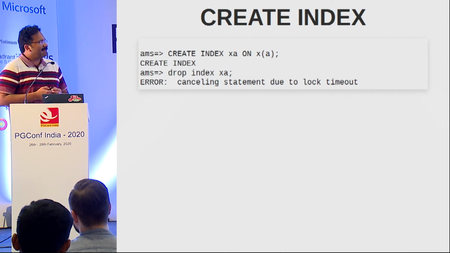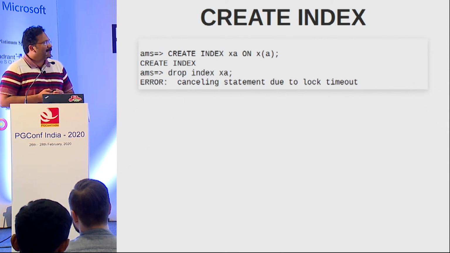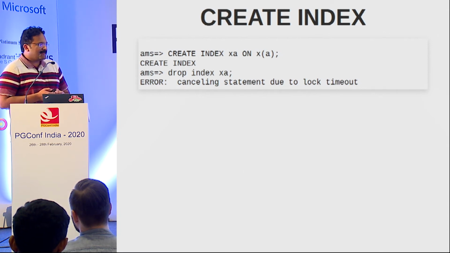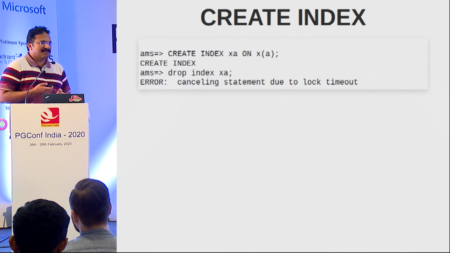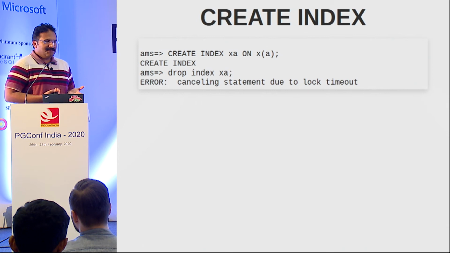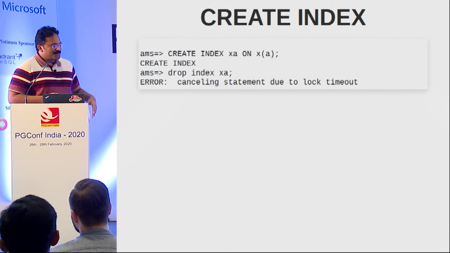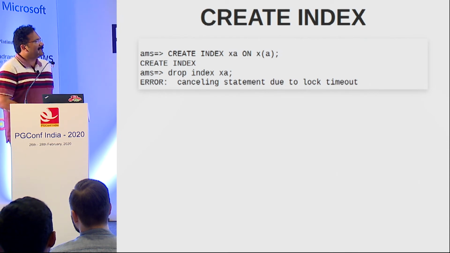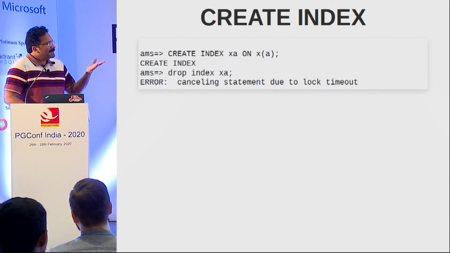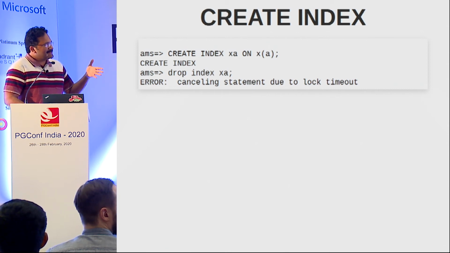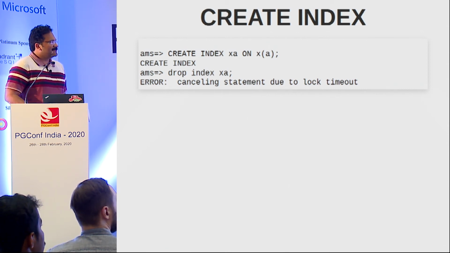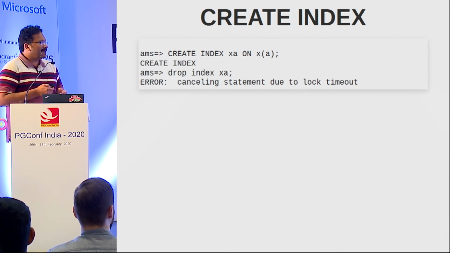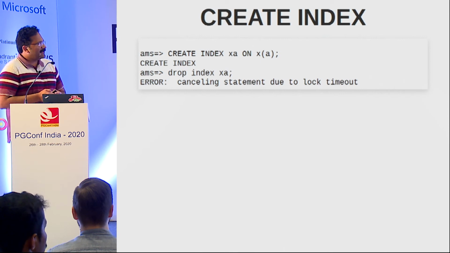So for example, if we create an index on our X table, it actually works while I'm still holding the locks on the table because it needs only a share lock to scan the table, as we saw in the table of lock modes. Which is not exhaustive, by the way; those DDL statements are just examples of what acquires that lock mode and not a complete list. So here again, the create index completes, but drop index needs an access exclusive lock and is canceled because I'm holding that lock and it couldn't acquire it in 3 seconds.